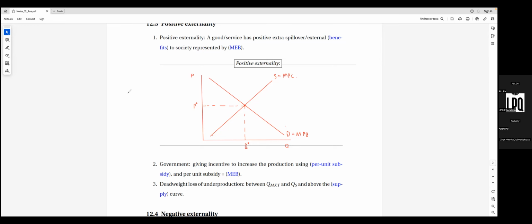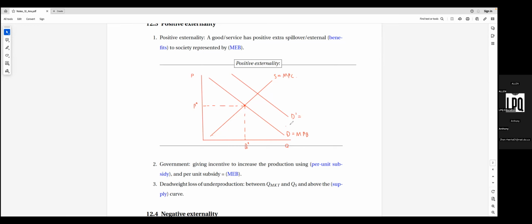Okay, so how can we do that as a government? Graphically, we just shift our demand curve to the right a little bit. We get the second demand curve, which we label D prime.